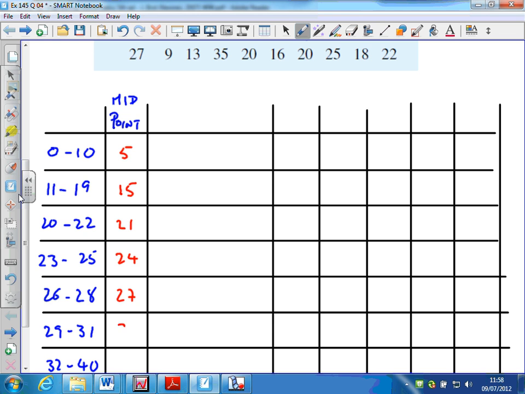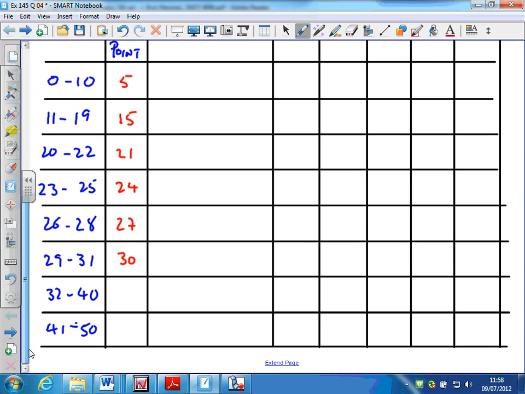So nice whole numbers for the midpoints. So that's why I chose those particular groups. 32 to 40, the midpoint is 36, and 41 to 50. This particular one, because it's the final group, I can use the midpoint 45, say, to represent that group. So those are the midpoints.